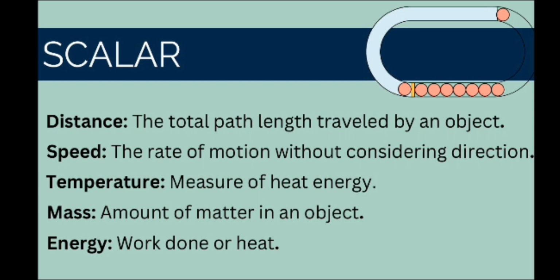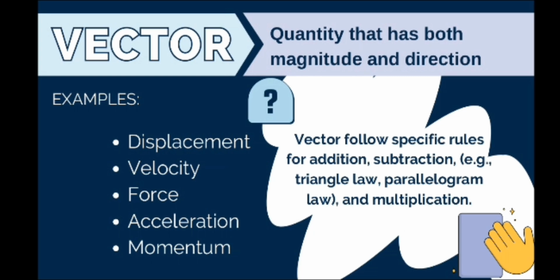So let's move to the next, which is the vector quantity. A vector quantity has both magnitude and directions. Examples of vectors are displacement, velocity, force, acceleration, and momentum.